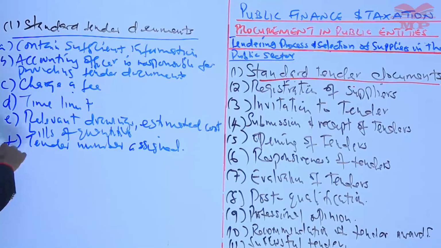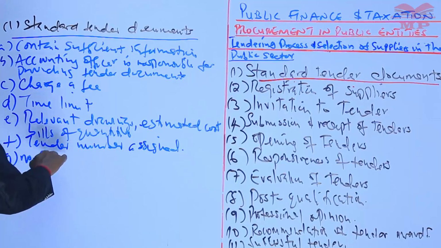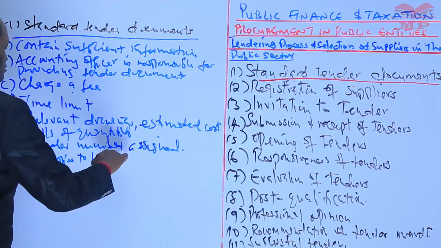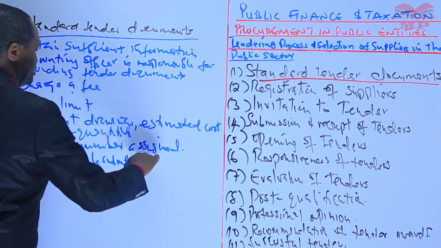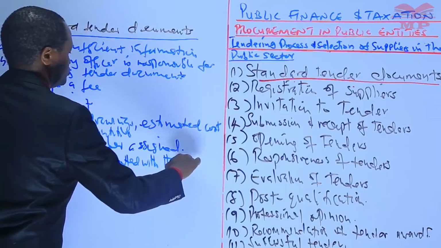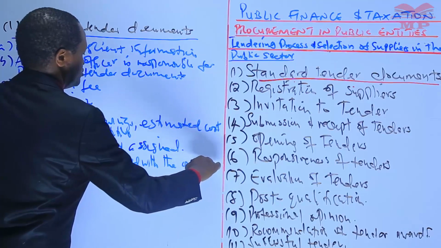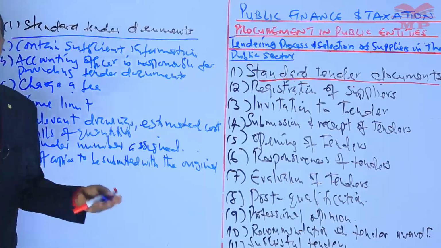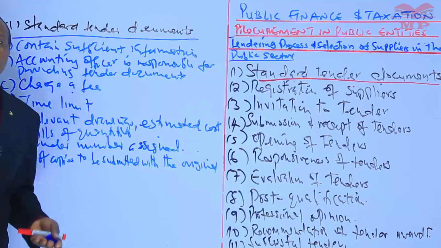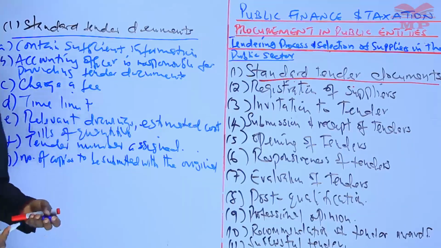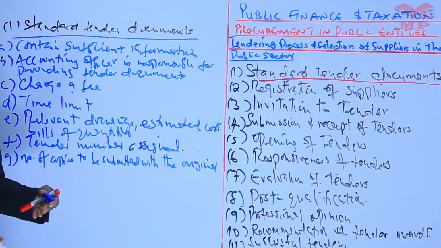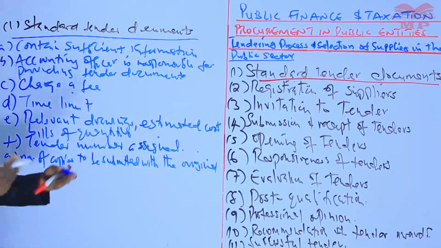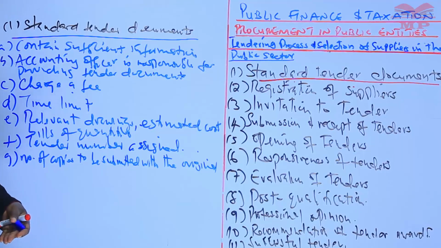Another point is the number of copies to be submitted with the original. How many copies should be submitted with the original? The document should also be clear. The number of copies to be submitted with the original tender, or any requirement that tender security be provided, and the form and the amount of any such security should also be specified.